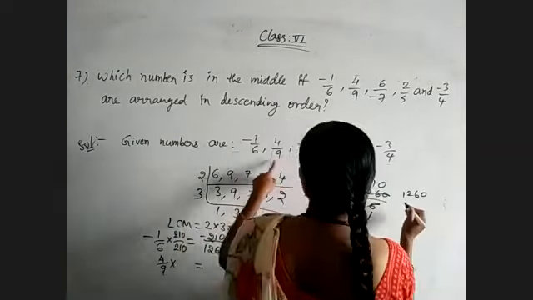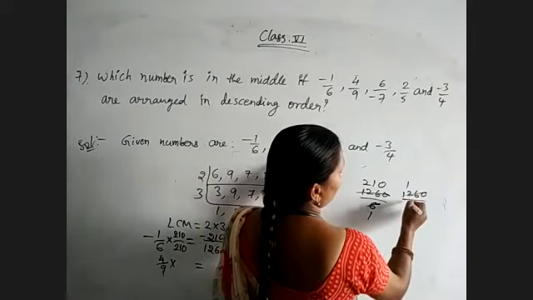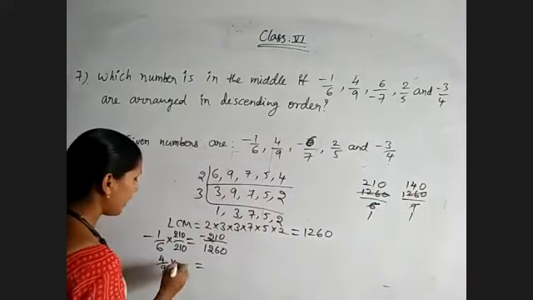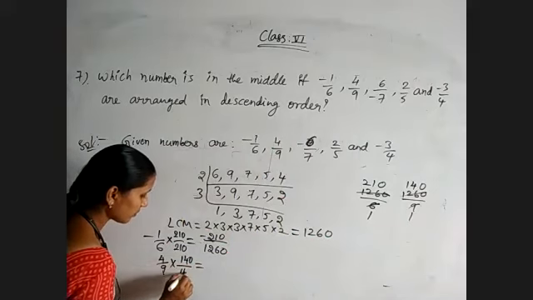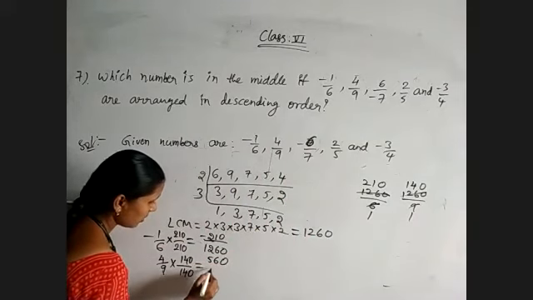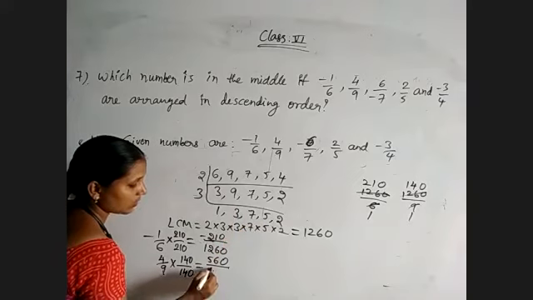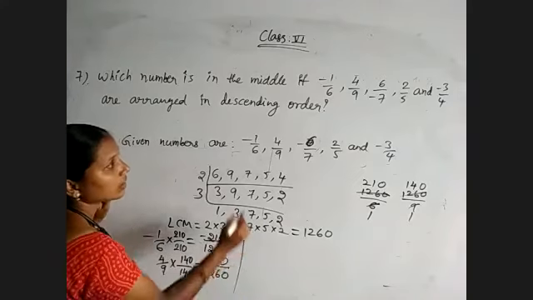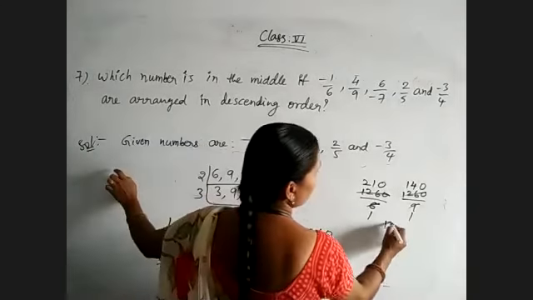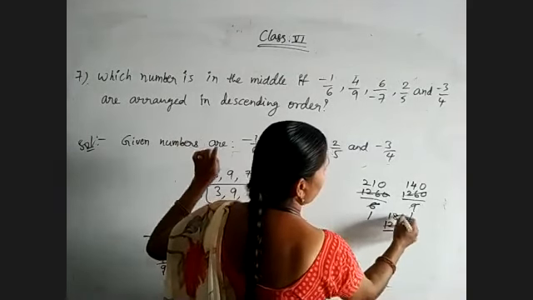Then 4 by 9 into something: 1260 is the LCM and the denominator is 9, so divide by 9. 9 ones are 9, 9 fours are 36 and 0, so 140 by 140. 4 times 140 is 560, so 560 by 1260. Then the next number is minus 6 by 7: 1260 divided by 7 is 180.